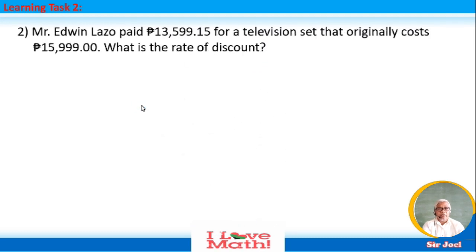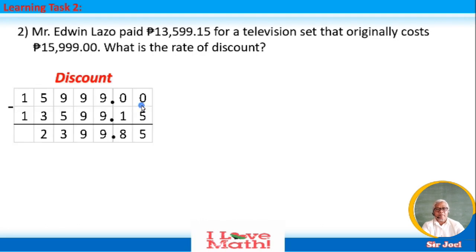Problem number 2. Mr. Edwin Lazo paid 13,599 pesos and 15 centavos for a television set that originally cost 15,999 pesos. What is the rate of discount? To solve the problem, alamin muna natin yung amount na na-discount ni Mr. Edwin Lazo.